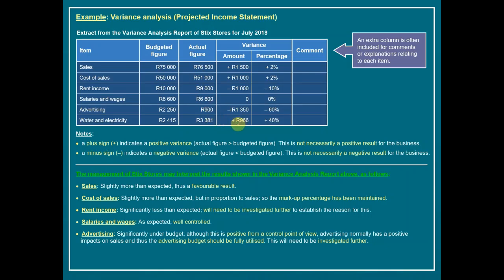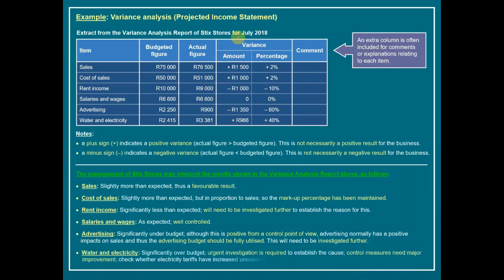So it's very contextual how you analyze this. So this was significantly under budget. Although this is positive from a control point of view, advertising normally has a positive impact on sales, and thus the advertising budget should be fully utilized. This will need to be investigated further.